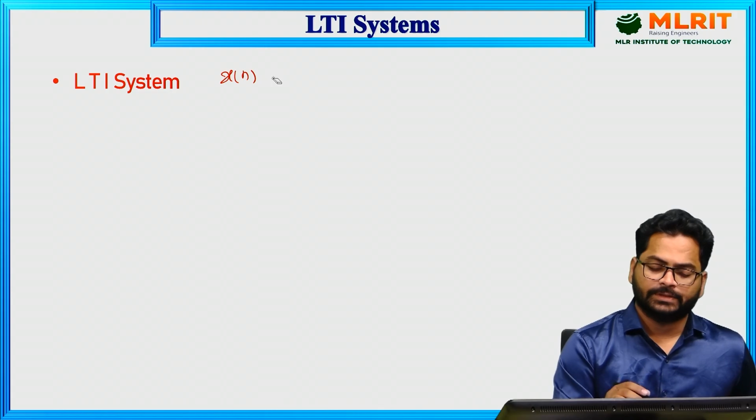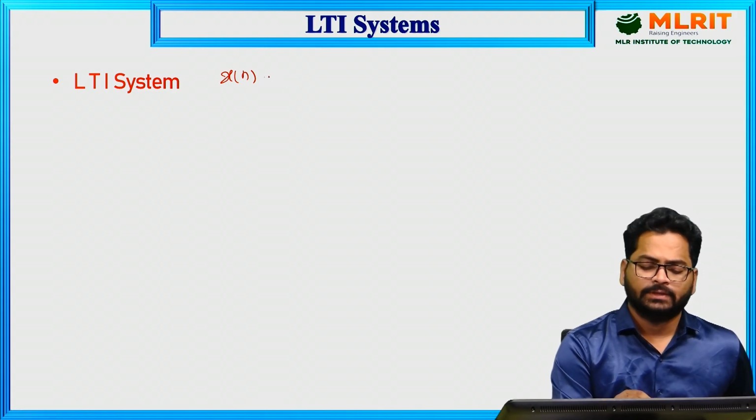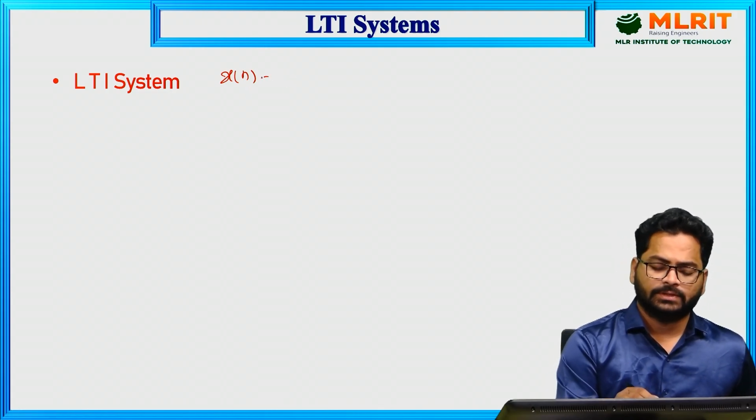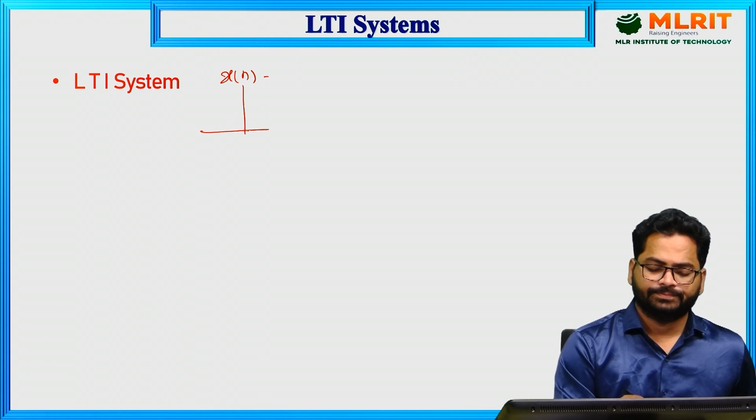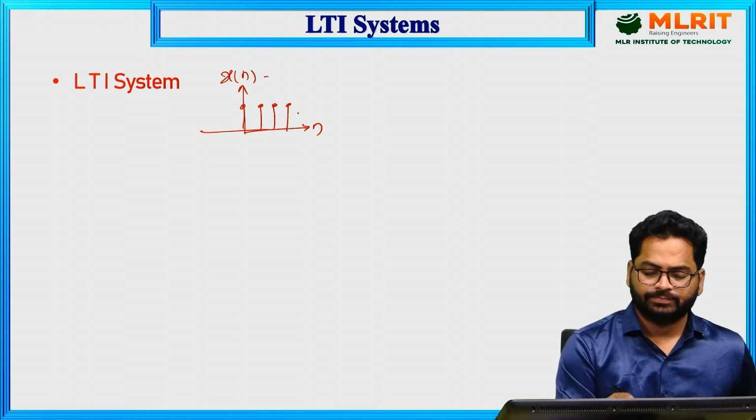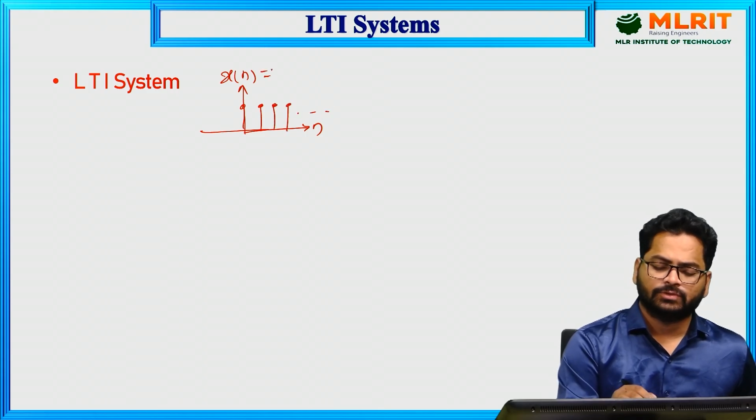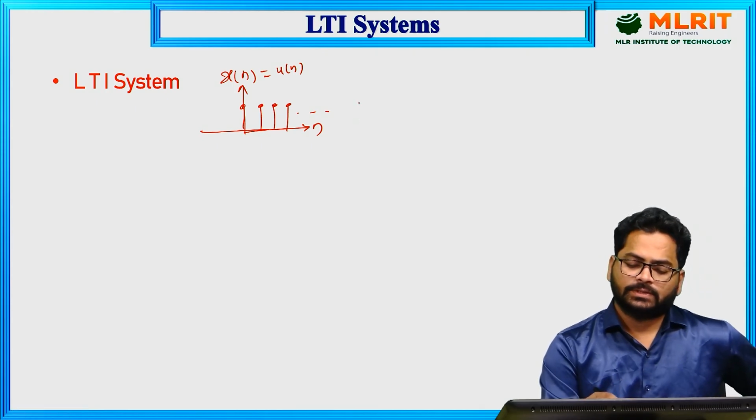In the graphical method, let us take this as h of n. I am taking x of n equal to u of n itself, and the same signal for h of n.